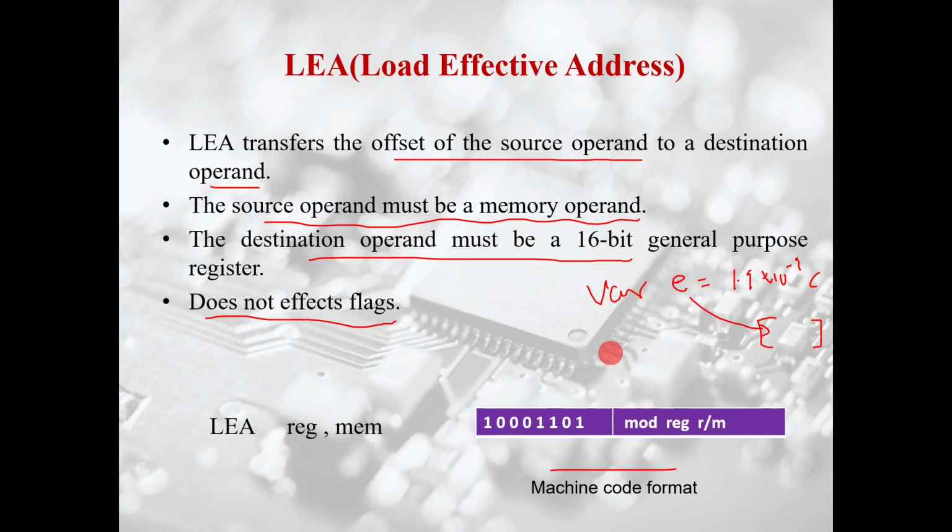Now every time in the program, whenever I write, compute the charge Q, total number of electrons into charge of a single electron, whenever the program encounters E, it has to go and fetch this value from some memory location.